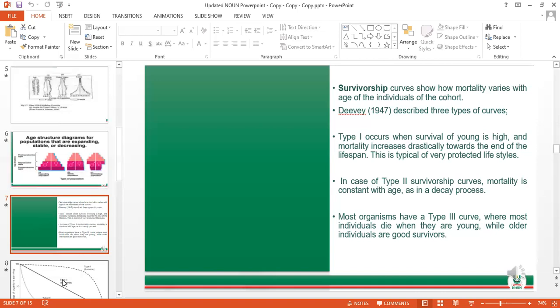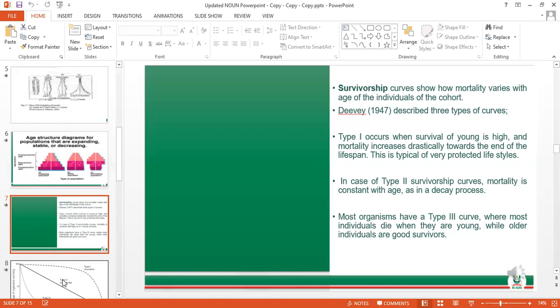So, like I said, Deevey in 1947 described three types of curves. Type 1 curves occur when survival of the young is high and mortality increases drastically towards the end of the lifespan. This is typical of a very protected lifestyle.